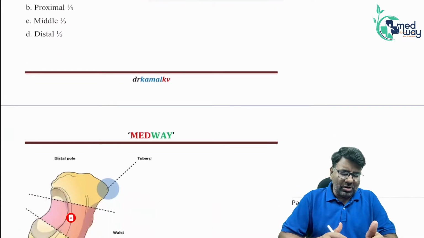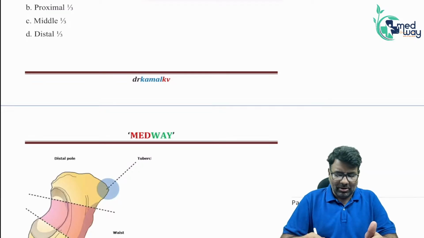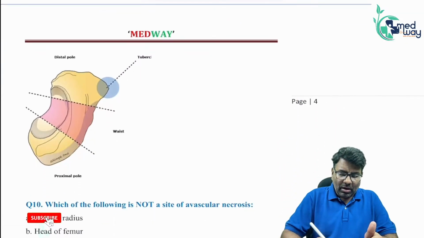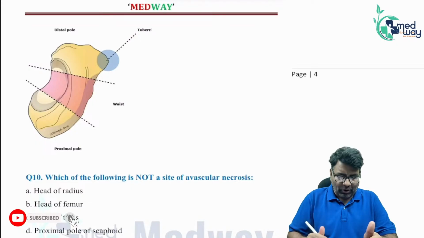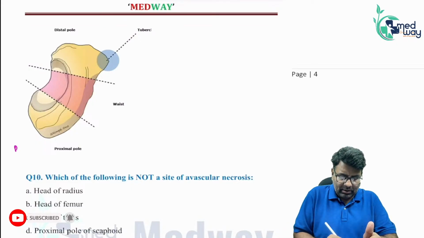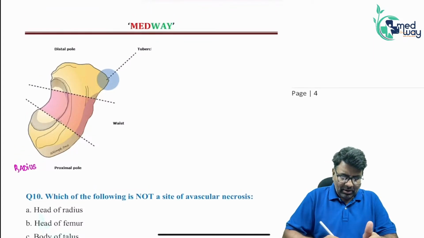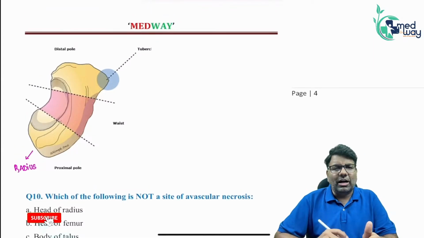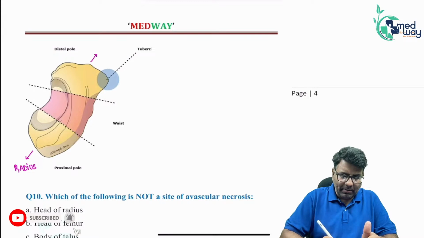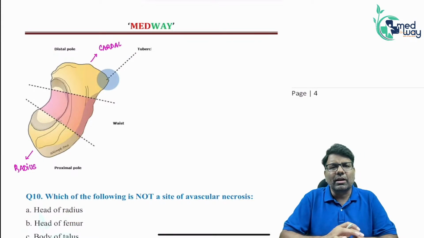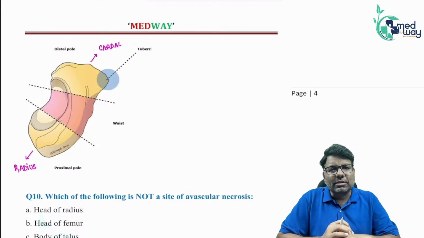So, tubercle, proximal third, middle third, distal third. Now, if we take the scaphoid, here is the radius, right? Here it is articulating with the radius, and here the second row of carpal bones. Clear? So this is the anatomy of the scaphoid.